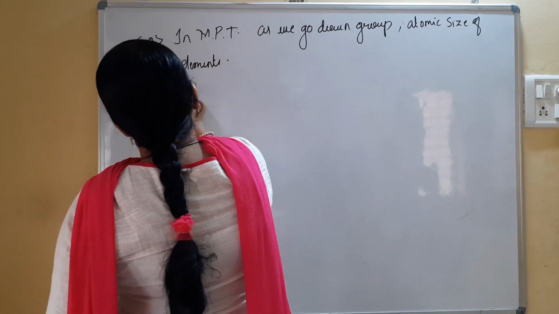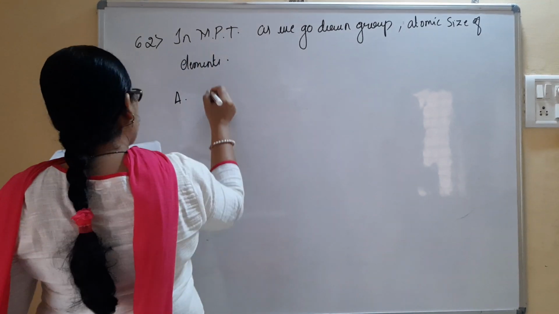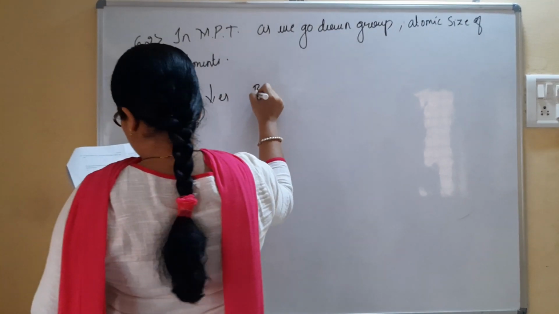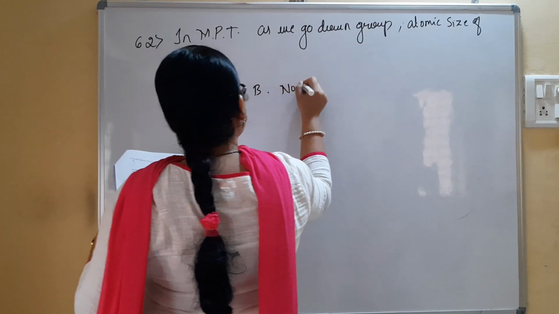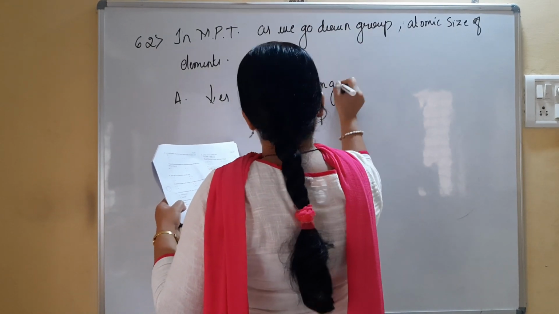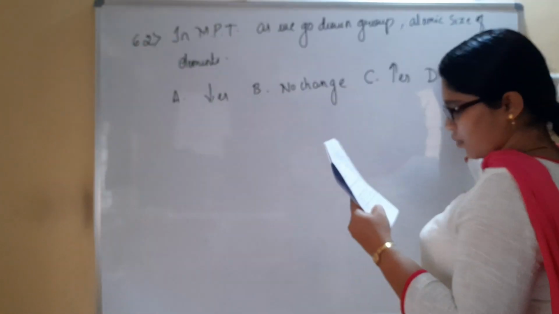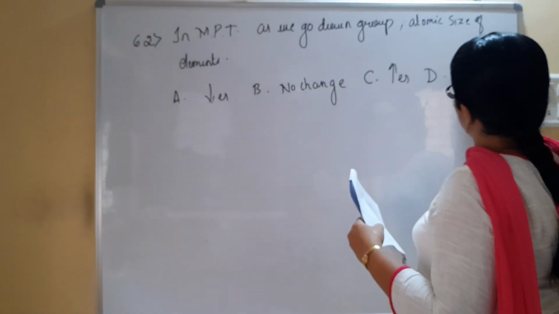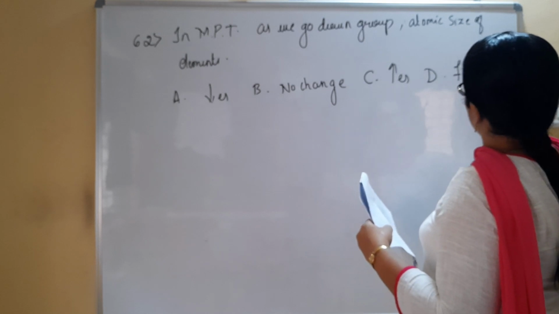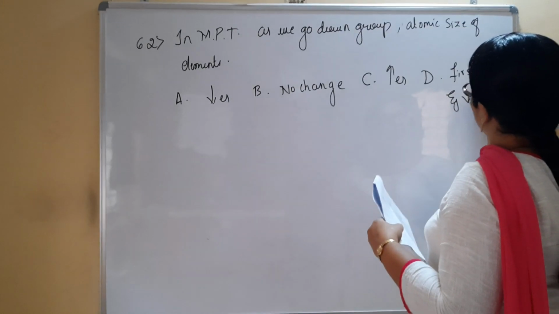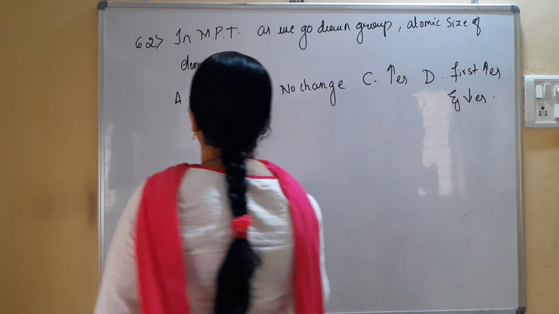They are asking. Option A, decreases. Option B, no change. Option C, increases. Option D, first increases then decreases. Okay, 4 options are given.